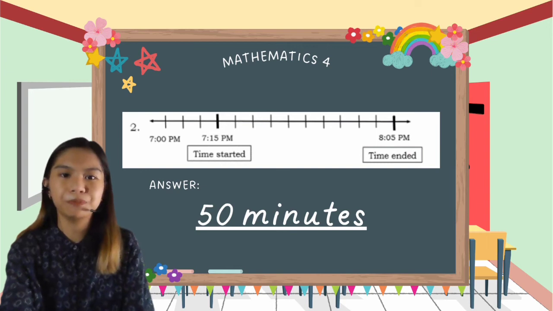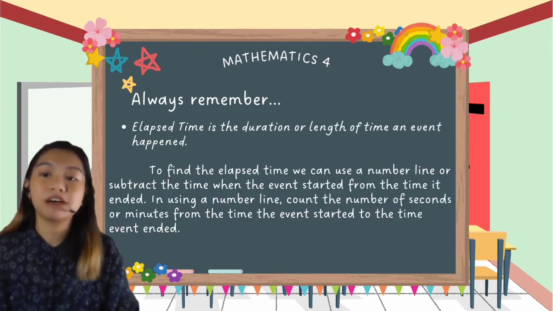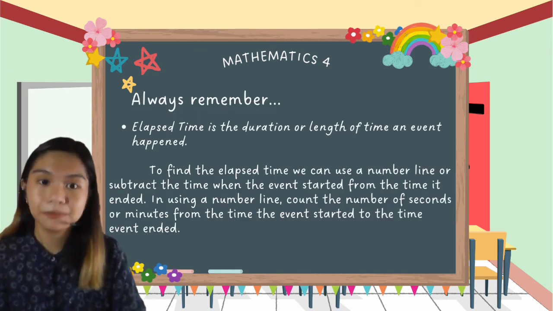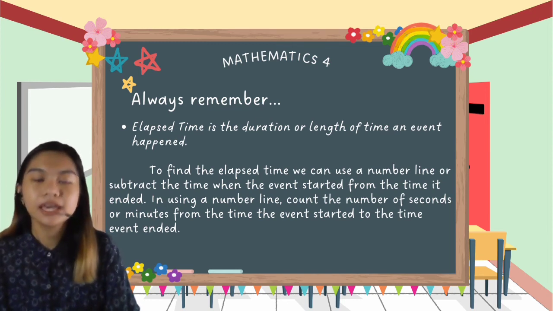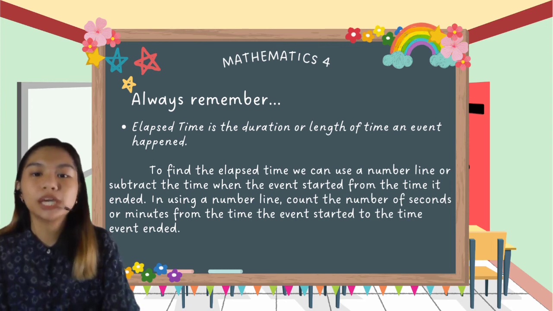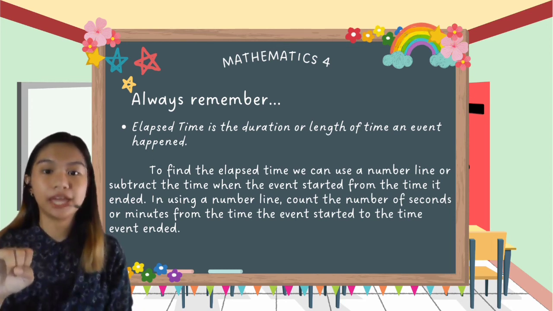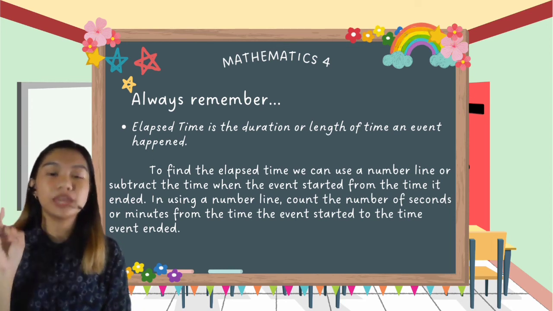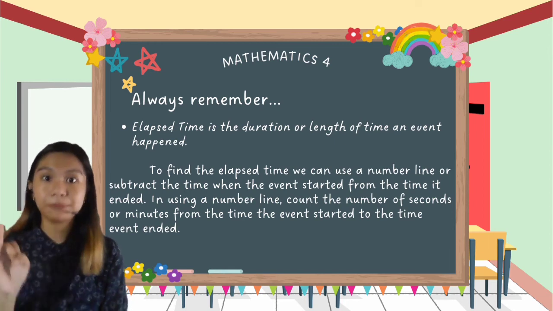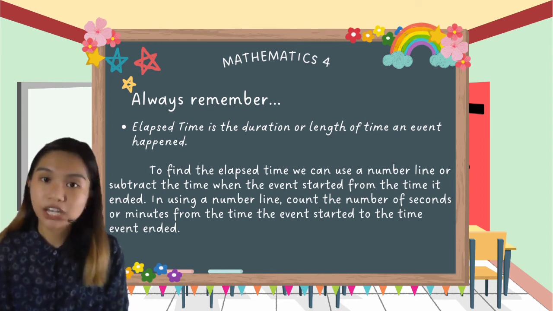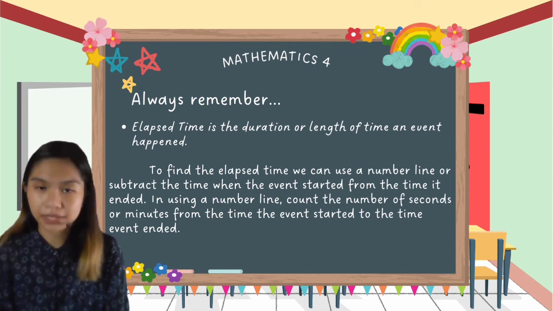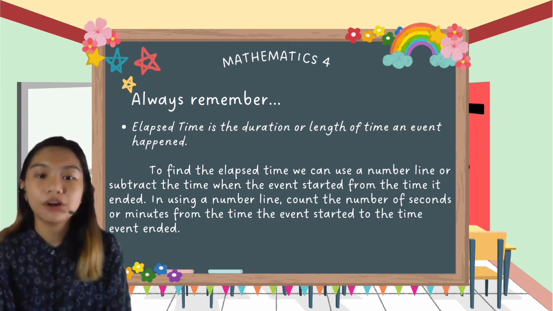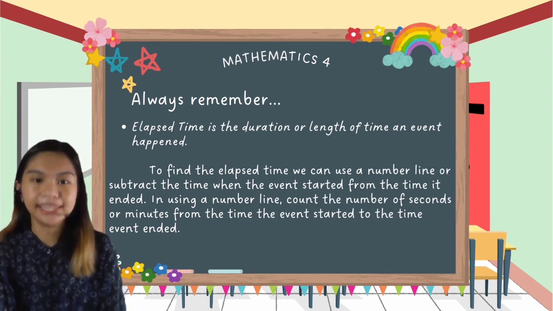Very good, everyone. So, you always have to remember that the elapsed time is a duration or length of the time an event happened. And to find the elapsed time, we can use a number line or subtract the time when the event started from the time it ended. In using a number line, count the number of seconds or minutes from the time the event started to the time the event ended.